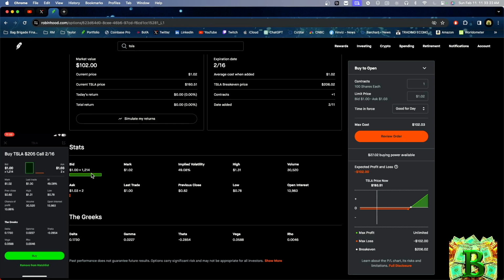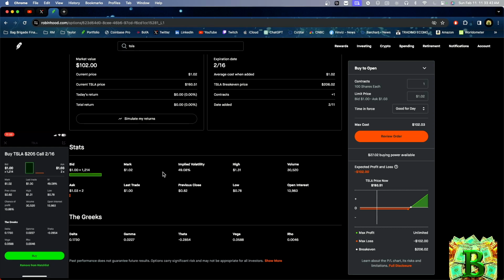But there's a gap, right? So you might actually have to pay up your price to get filled, because people are lining up to buy at this price, and this is what they want to sell it at. It's putting your price in the middle. You may get filled, but if you don't, you can always adjust it by a penny and see if that helps you get filled.